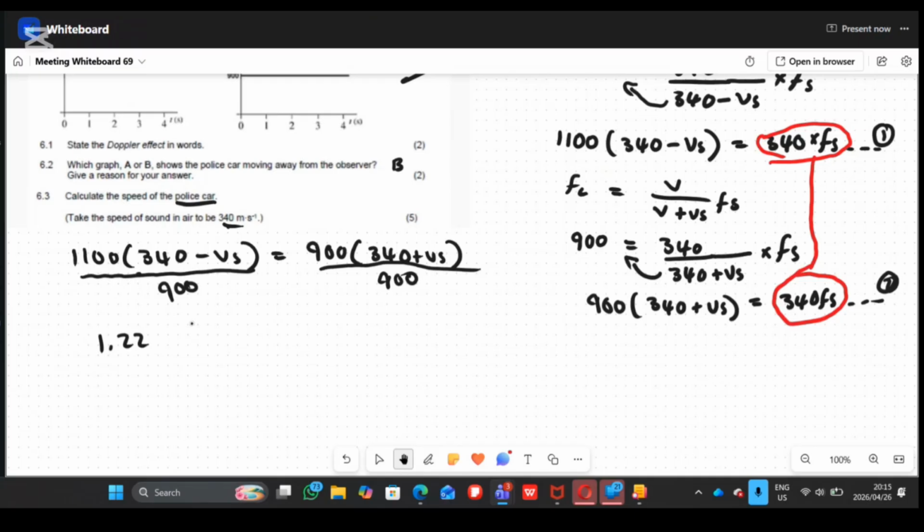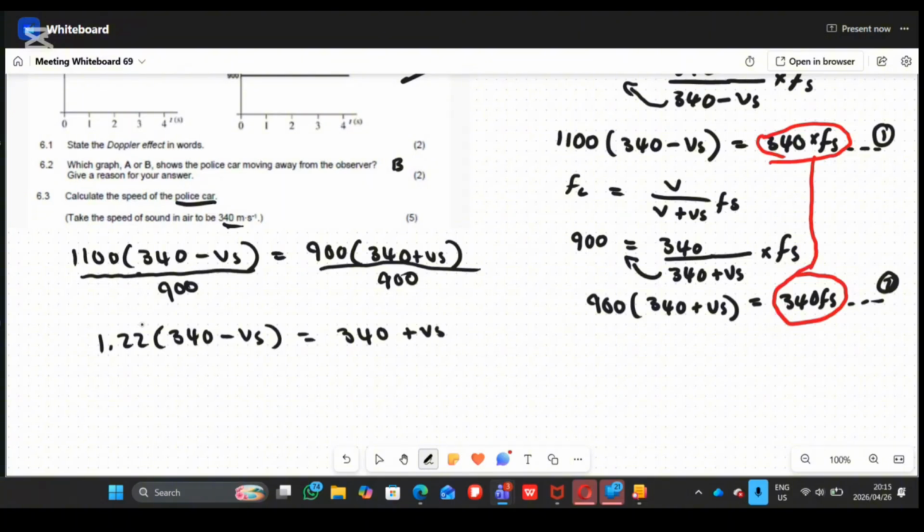Don't give me the entire thing. Just keep it in your calculator. I will take it like this. This is going to be 1,22 multiplied by 340 minus Vs, close brackets, is equal to 340 plus Vs. Now we are just going to play around with mathematics. We are going to say 1,22 something multiplied by 340. What do you get?